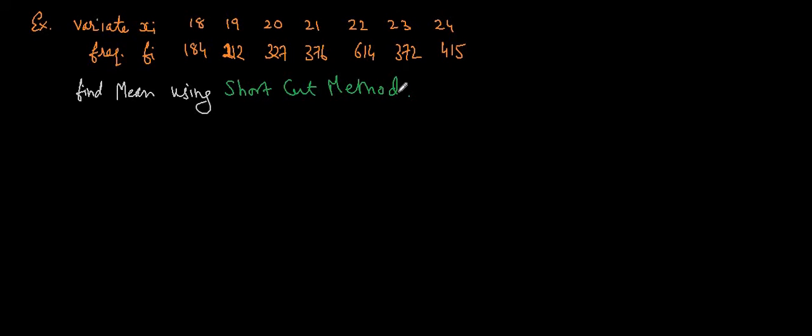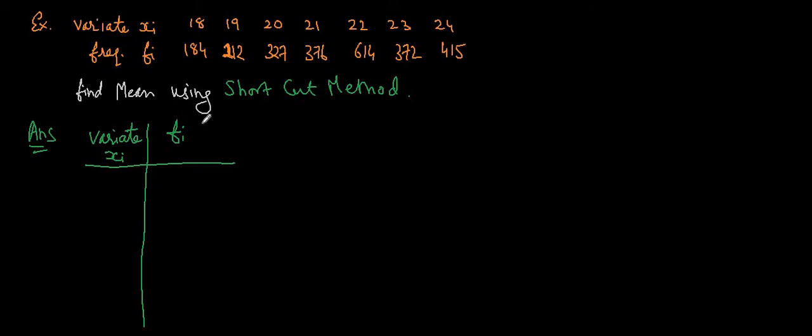So how will you do it? In your answer paper it should be like this. Answer. You are going to write each and everything. First of all, whatever data is given, you have to write down. So you will write the variate, this is your xi, and this will be your fi.